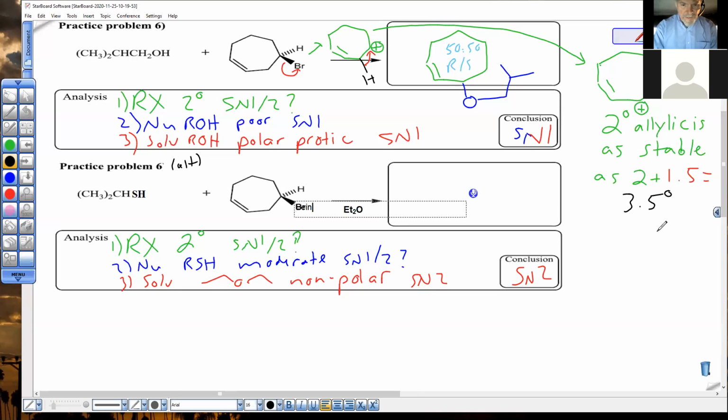Being allylic or benzylic adds 1.5 degrees of stability to the cation. Take that to the bank. It's a guideline. It's not an exact thing, but it's pretty good.